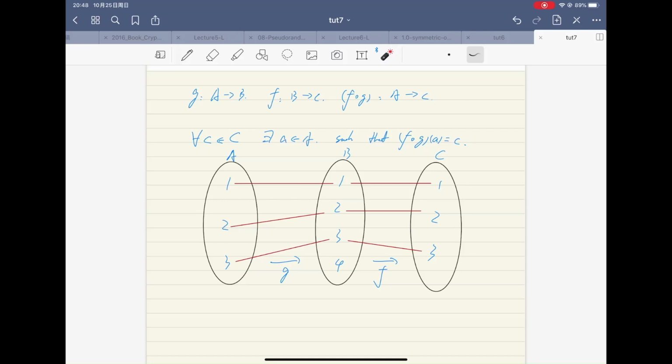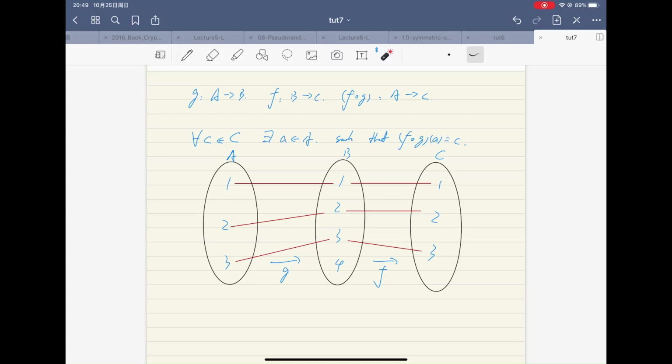So what does that mean? By the definition of onto function, if there exists an element in the codomain that does not have any associated value in the domain that maps to it, then the function is not an onto function.